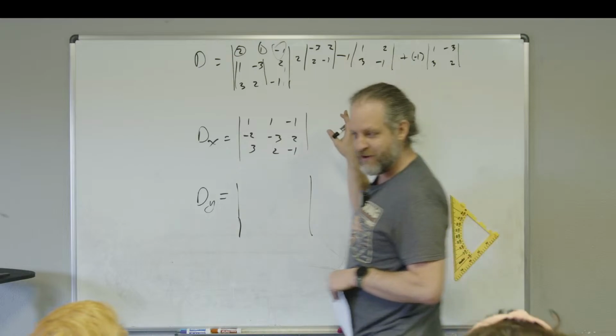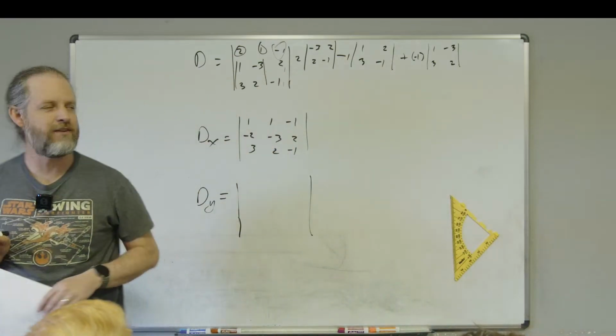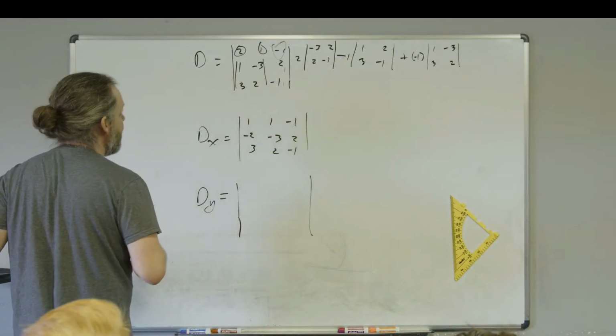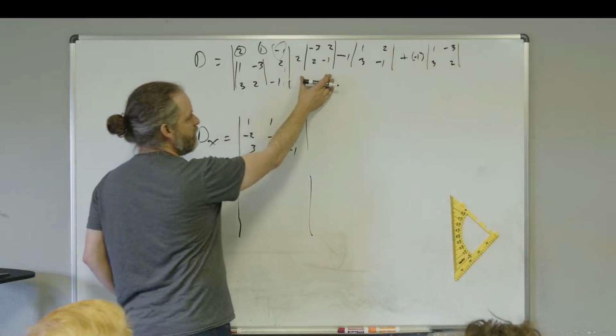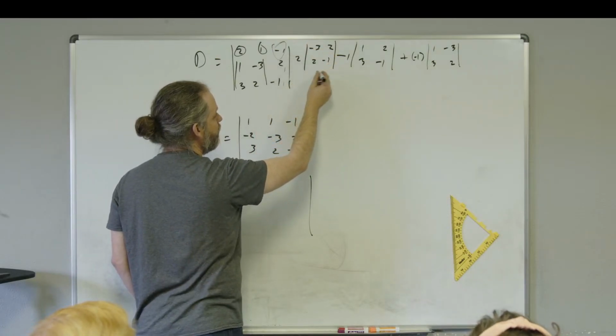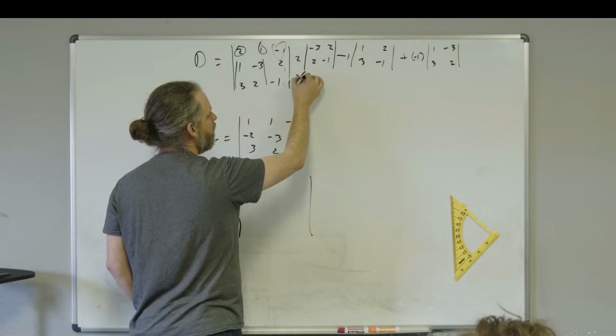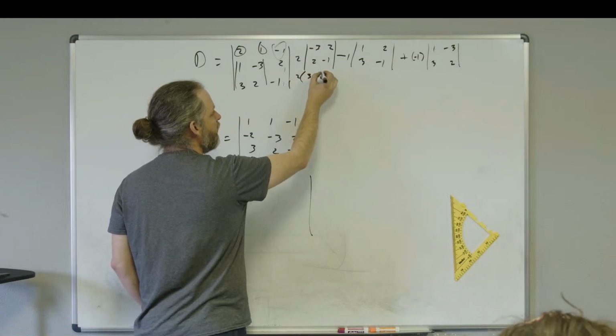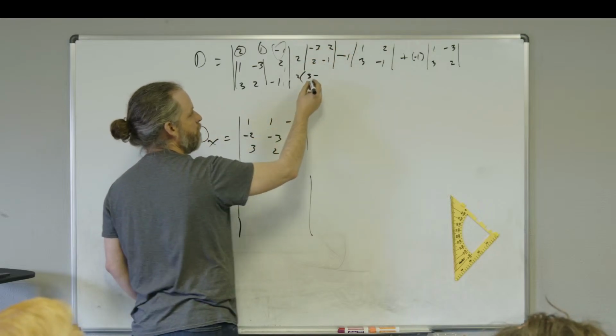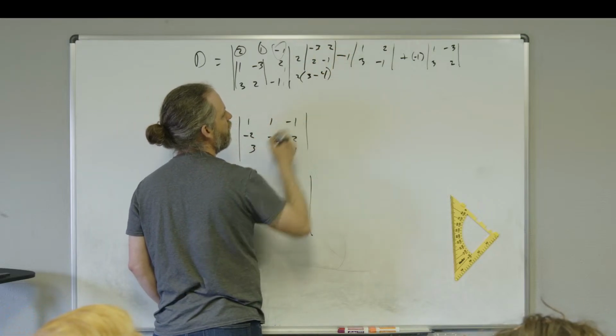To find the discriminant, not discriminant, totally different word, totally different context. To find the determinant of a 2 by 2 matrix, you do the down diagonal multiplied. So negative 3 times negative 1 is 3. Minus the up diagonal multiplied. So minus 2 times 2 is 4.